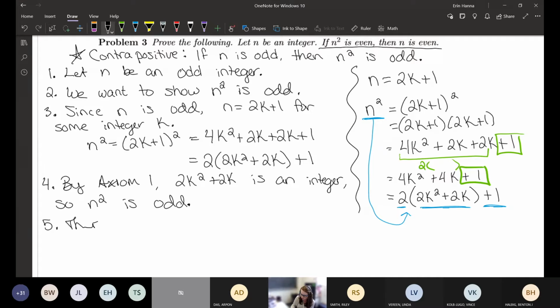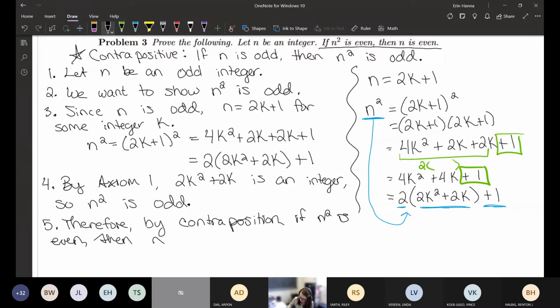So therefore, by contraposition, if n squared is even, then n is even.